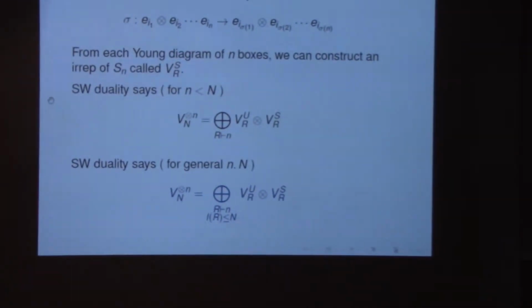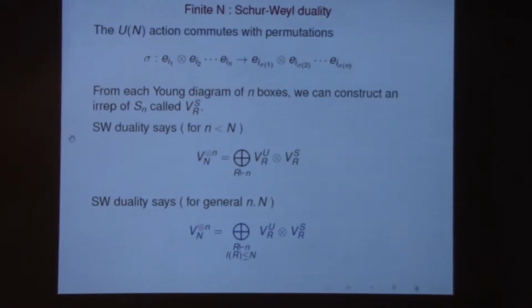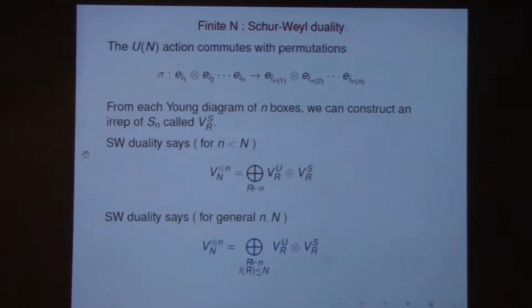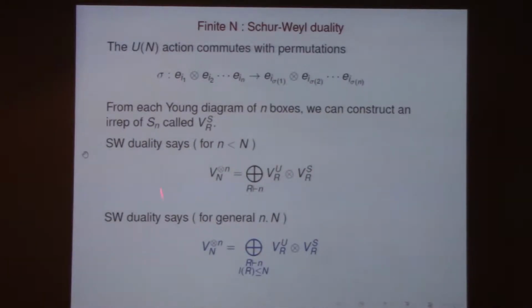So the consequence here is that the dimension of this is the product of symmetric group dimensions and U(N) dimensions. And for the finite N question, what is important is that this Schur-Weil duality statement holds when little n is perhaps bigger than capital N.